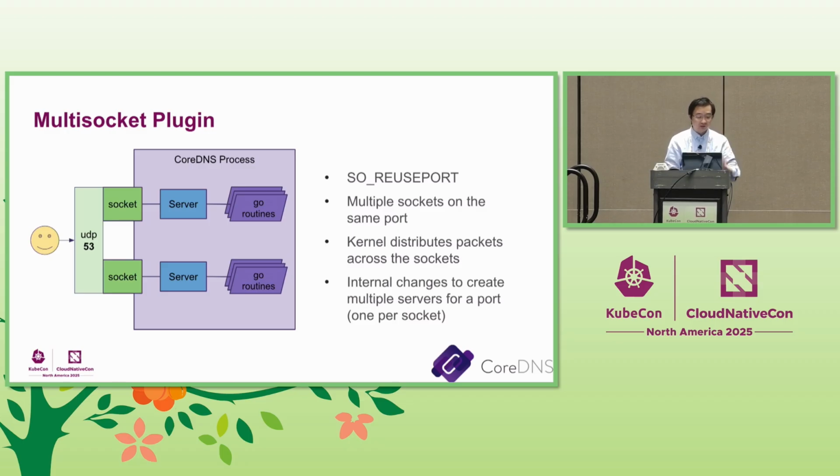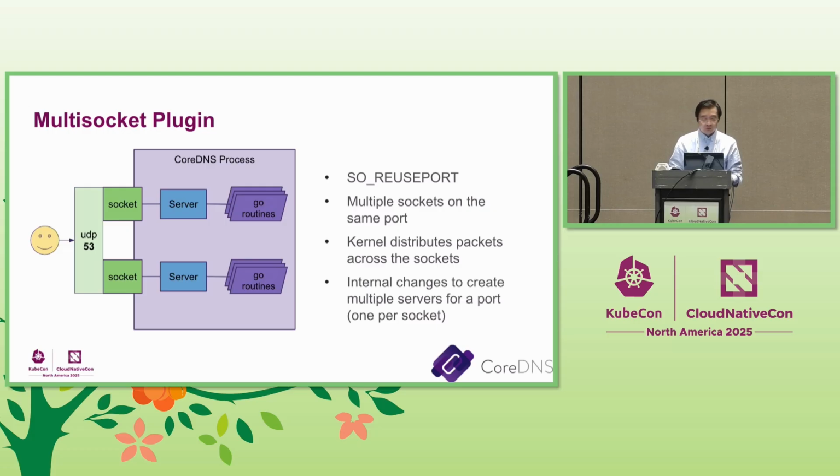Each socket can be dispatched to different Go routines. This significantly improves the performance and especially allows you to saturate your beefy box of 16 to 32 cores or even bigger.